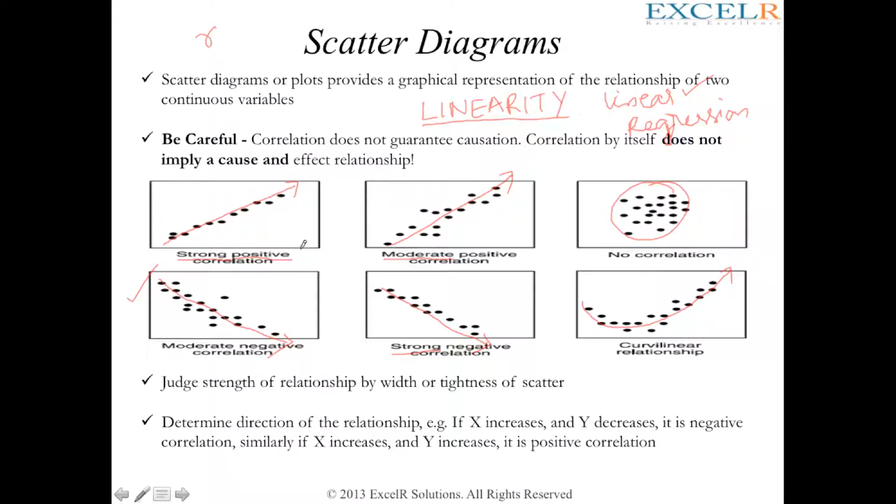Before that, let me explain the difference between correlation and causation. For this, I need to give you a small example. A few years back, a magazine plotted ice cream sales versus shark attacks.